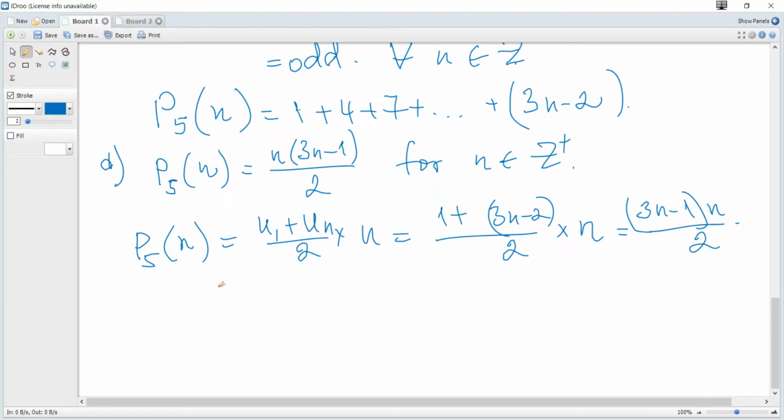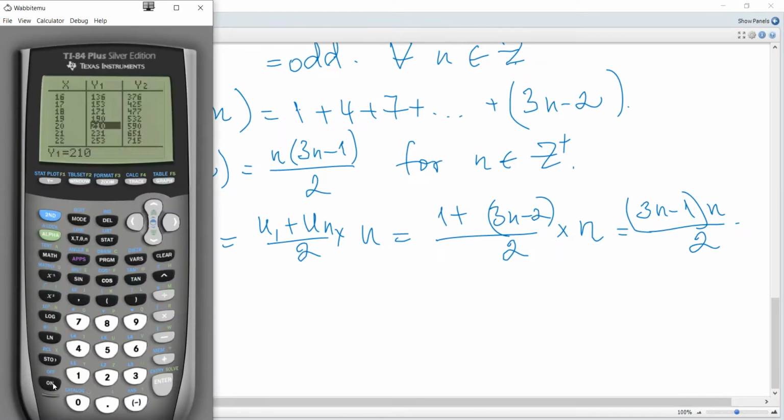The next question, 5 marks. By using a suitable table of values or otherwise, determine the smallest positive integer greater than 1 that is both a triangular number and a pentagonal number. So let's use a calculator and set, as usual for functions, y1 for triangular, the general formula n times n plus 1 over 2, so 0.5 x squared plus 0.5 x.